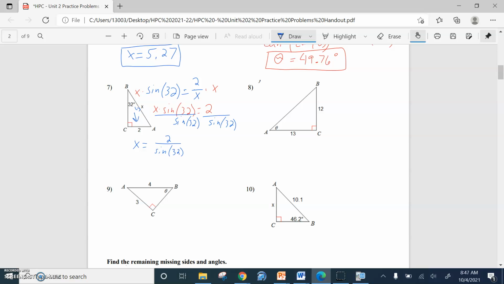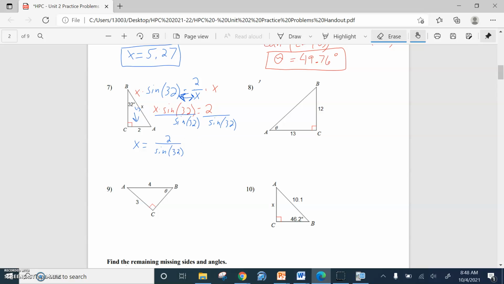Now what you could notice is that from start to finish, we simply flip-flopped the x and the sine 32. If you look at this, it's very similar to what we started with in our trig ratio. We just replaced those two, and then swapped places.